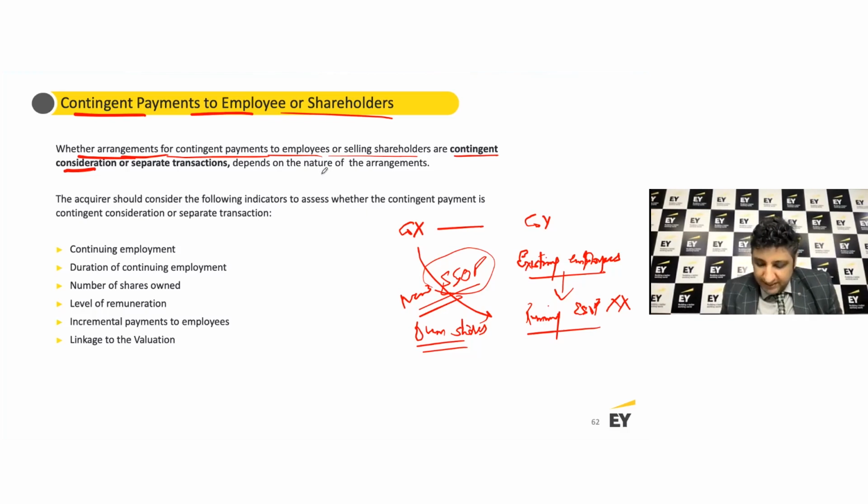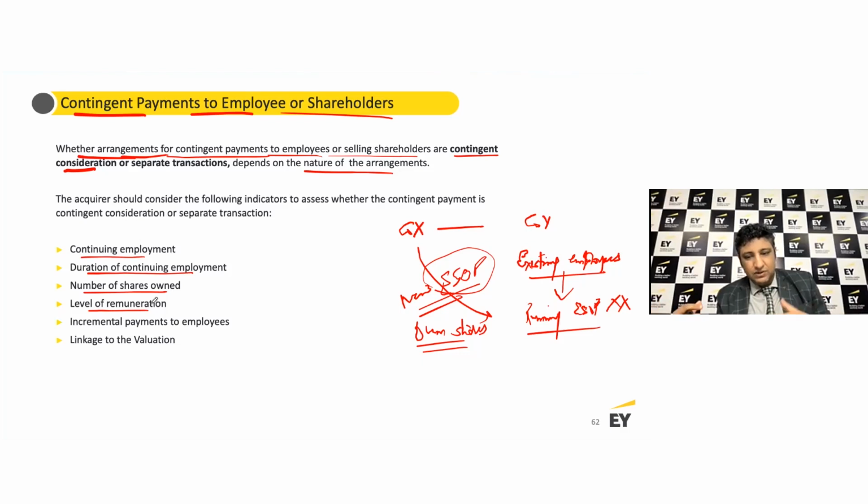It all depends on the nature of the arrangement itself, and you need to take into consideration the continuation of the employment, what is the duration in terms of the remaining period, or what is the expectation of the further vesting period, for example. What are the number of shares already owned by those shareholders? What is the level of remuneration? Are you compensating people so that they would stay further with the merged business or the new business, right?